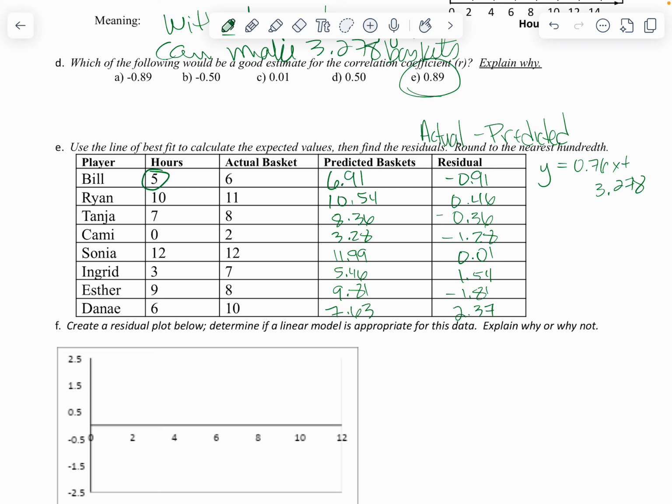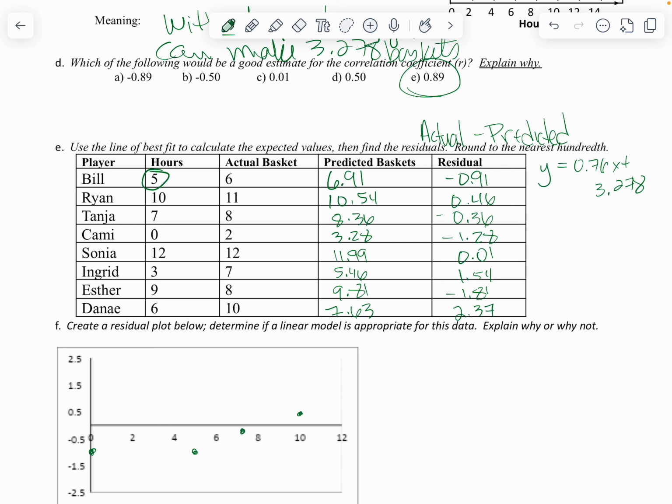So 5 is going to be negative 0.91, about here. And 10 is going to be 0.46. And then 7 is going to be negative 0.36, so that's going to be here. And 0 is negative 1.28, so here.